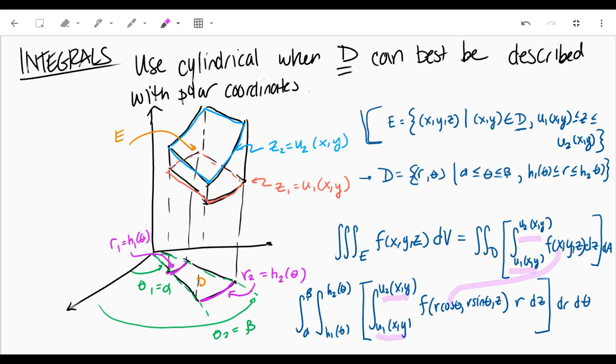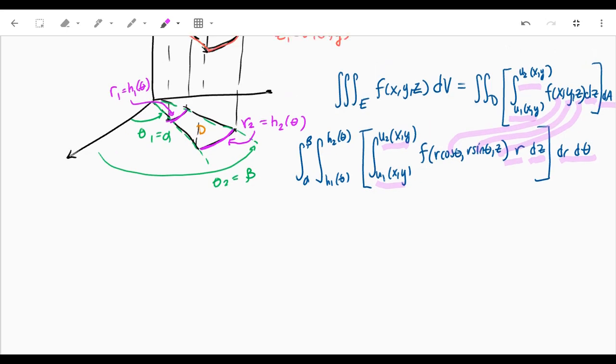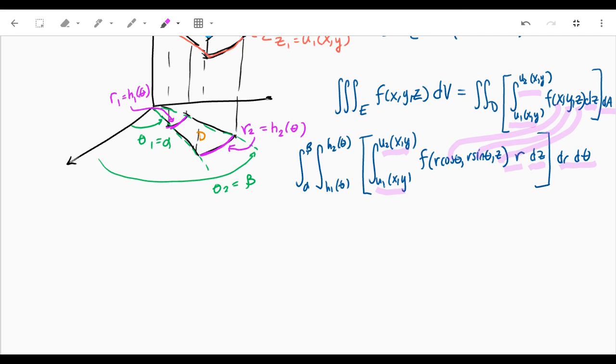We swapped out the y for r sine theta, and z stayed the same. We still have the dz, and then we swapped out dA for dr d theta with the r. So we've just made that complete conversion from rectangular coordinates in our integral to the polar coordinates.